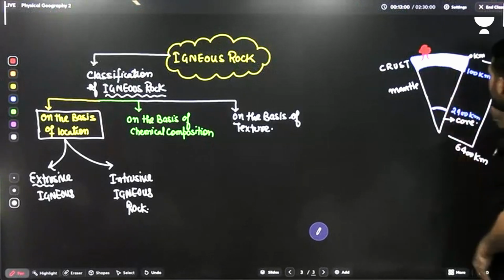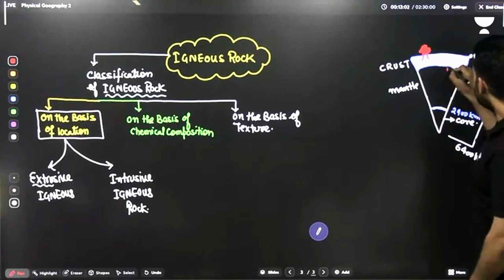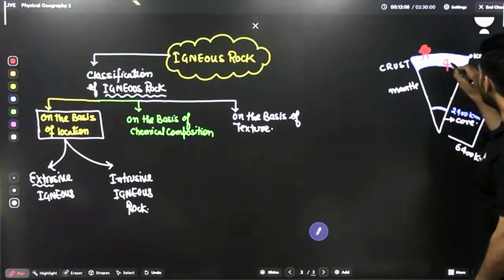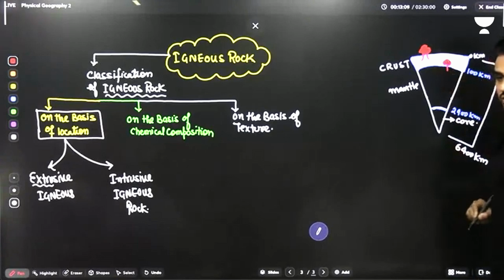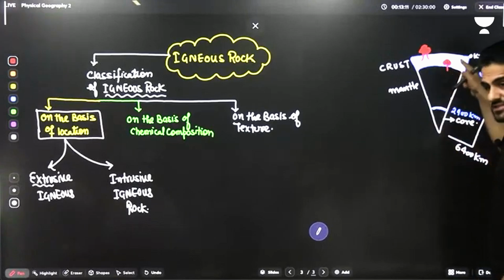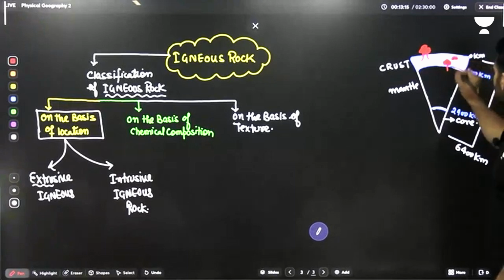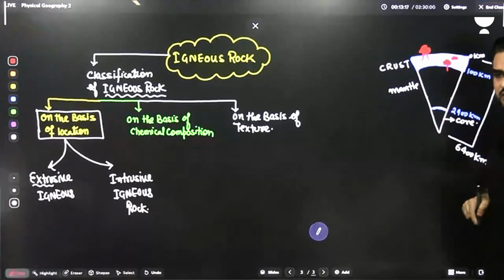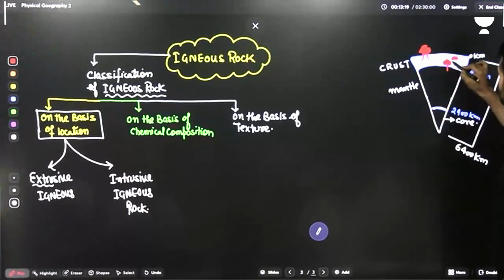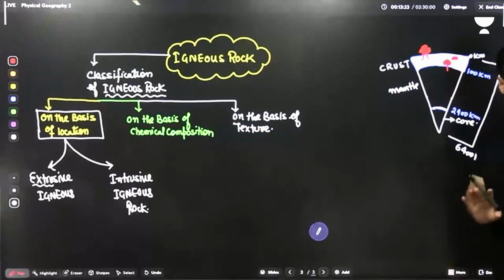Inside the earth. Maybe while this heat is traveling, rather than coming out, it cools down within this. कहाँ पे cool हो रही है ये? Within the crust only. Above the crust or within the crust? Within the crust. What will this be called? Intrusive. जो बाहर आ गई उसको कहोगे extrusive. Am I clear with this?